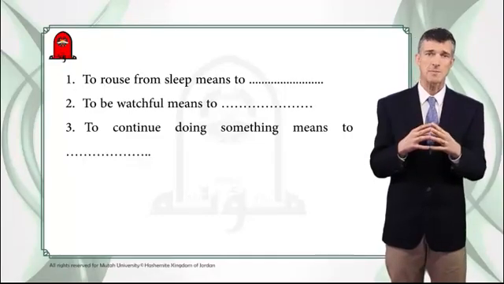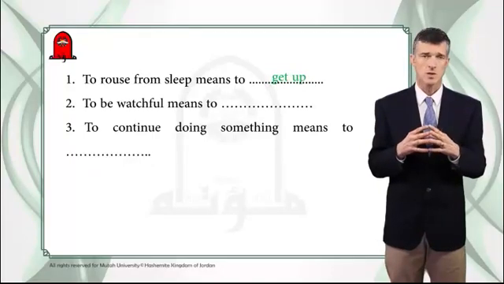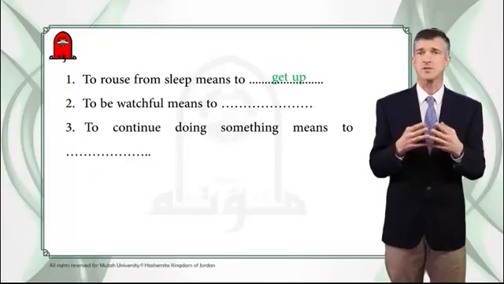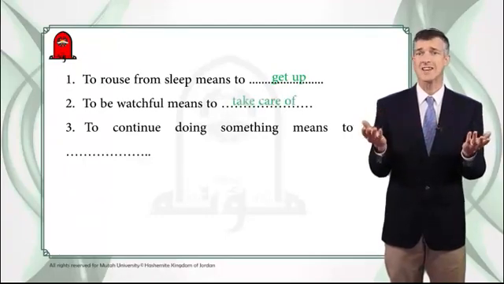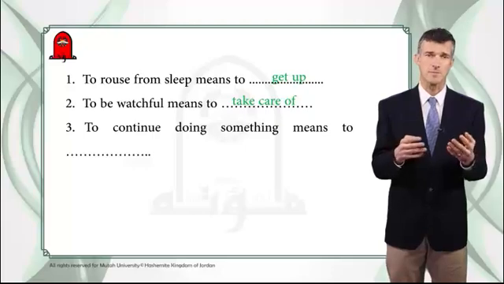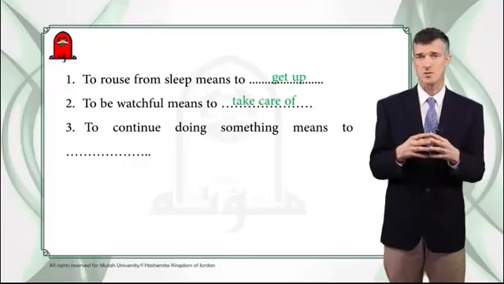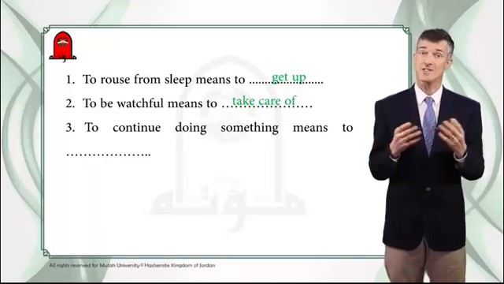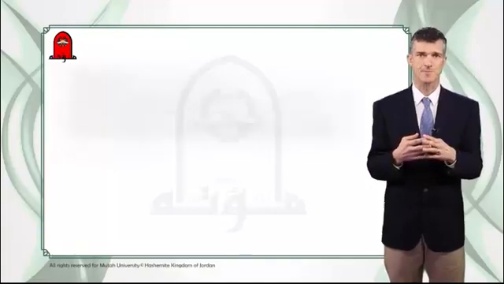To rouse from sleep means to get up. 2. To be watchful means to blank. To be watchful means to take care of. 3. To continue doing something means to blank. To continue doing something means to carry on doing it.